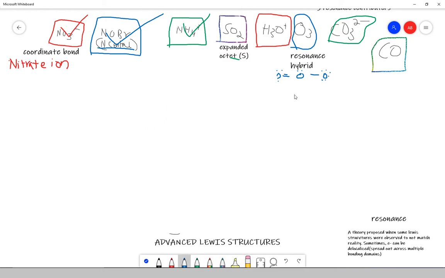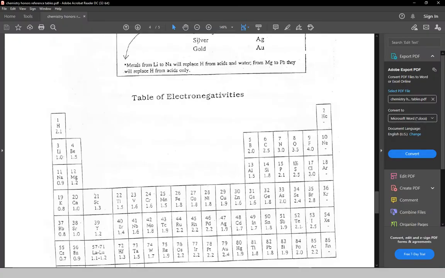Let's do this expanded octet right here for SO2. We know that sulfur is going to be an expanded octet. So we put sulfur in the middle, and before we do this, we obviously want to count our electrons.